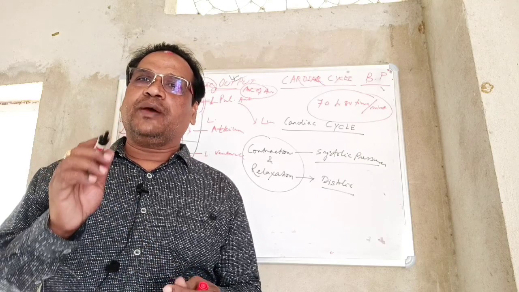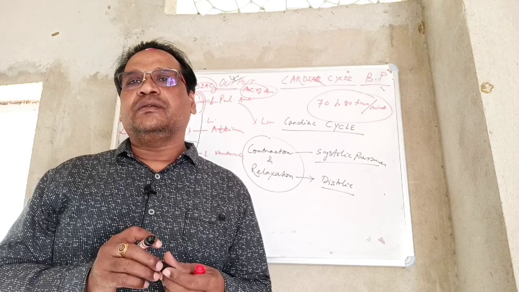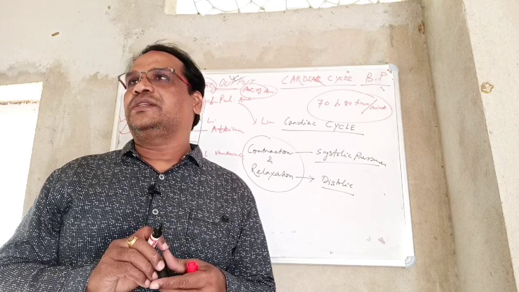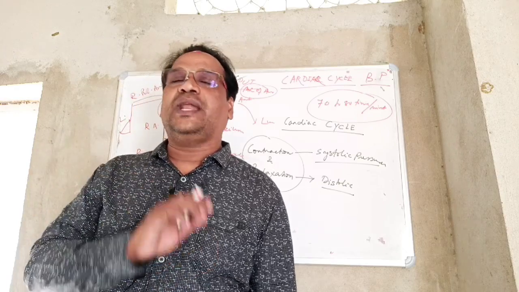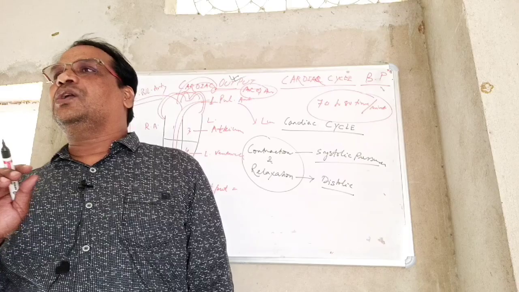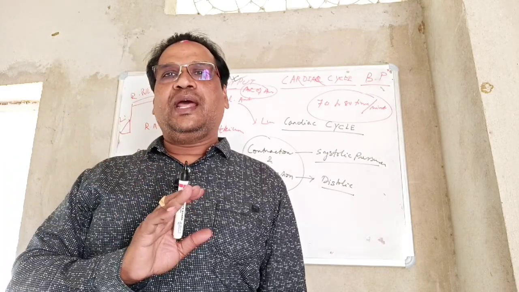So the cycle starts from diastole, and it comprises a complete relaxation and contraction of both the atria and ventricles.